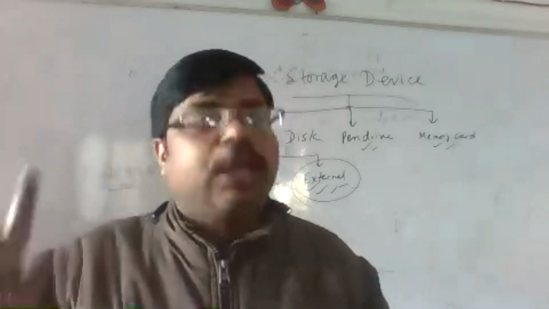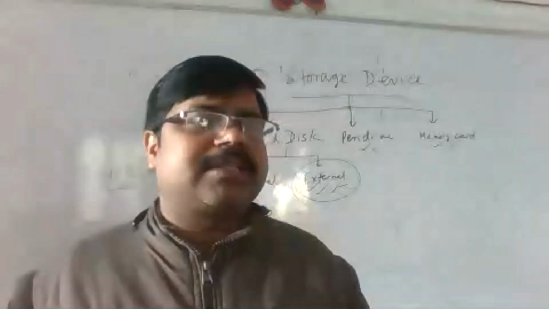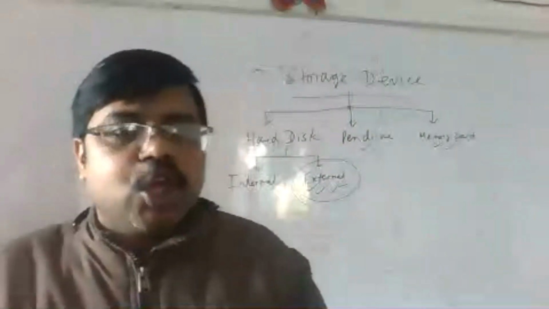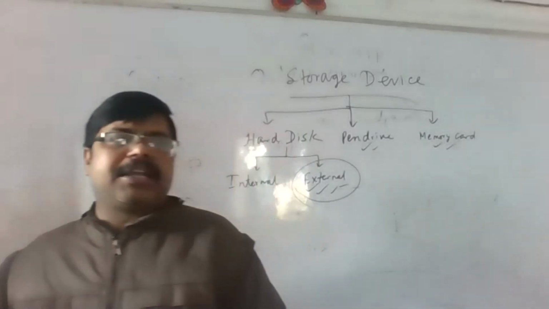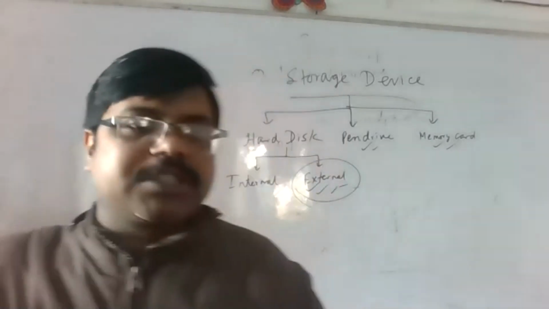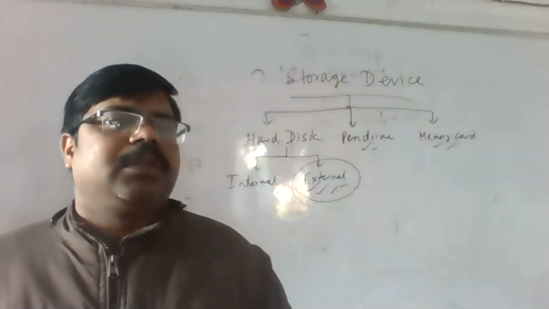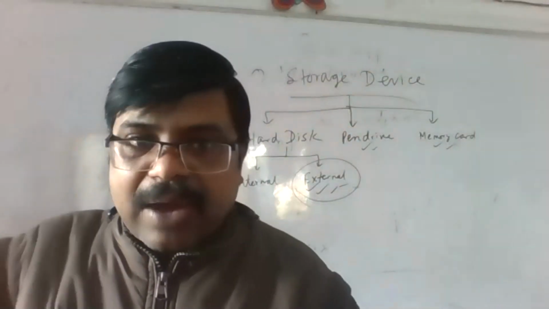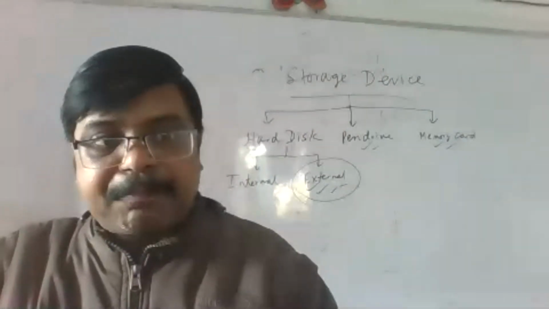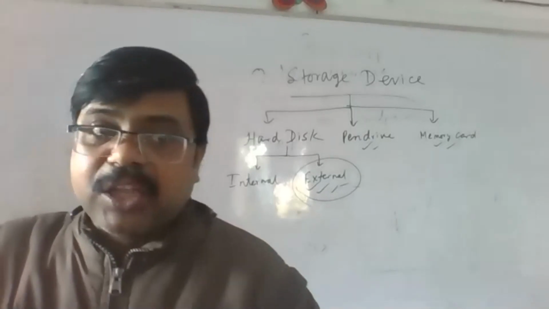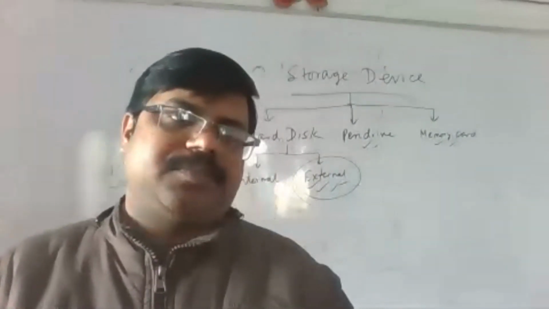So even if you only have your pen drive and you are not having your external hard disk, in that case you must have a backup. Wherever you are getting your data, whatever the source is, that data should remain there in the system also. Otherwise you will move the data to your pen drive and carry it, and if the data is lost, you will be in great trouble, my dear.